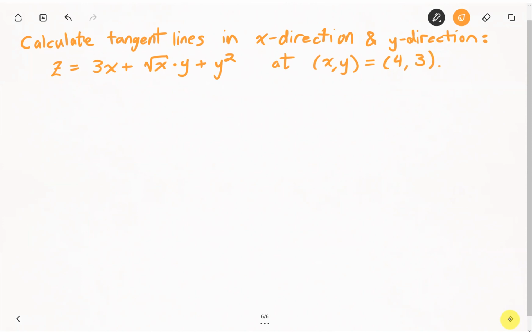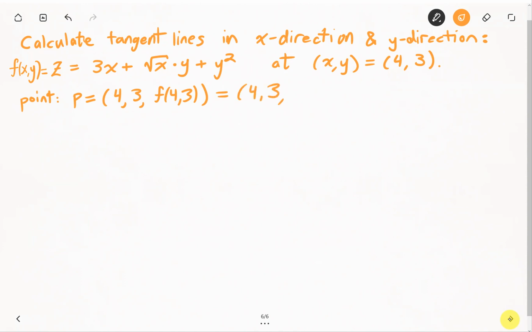Right. For both of these tangent lines, we're going to need the point on the line. So the point on the line is going to be p equals 4, 3, comma f of 4, 3. Of course, f is the function that gives us z. So if I plug in 4, 3 here, what will we get?